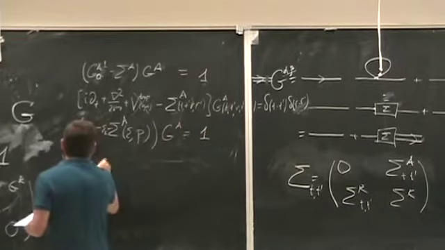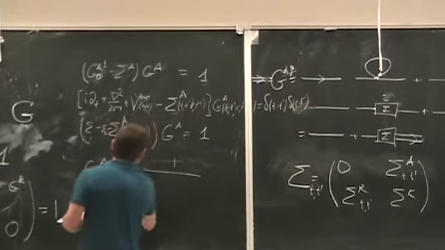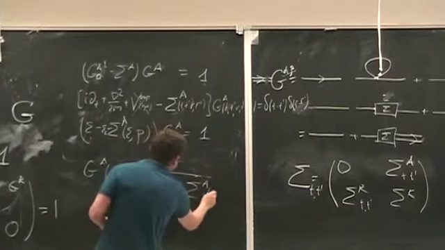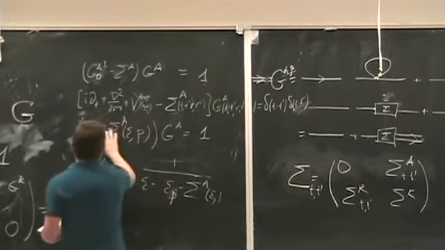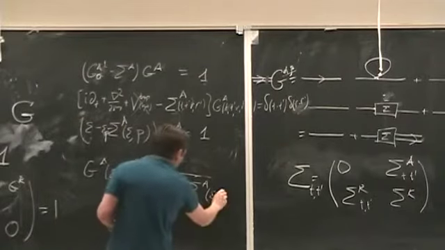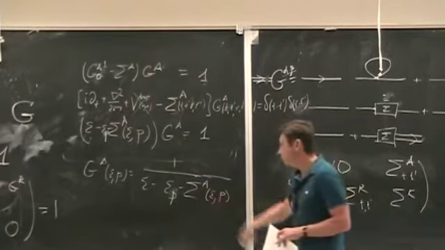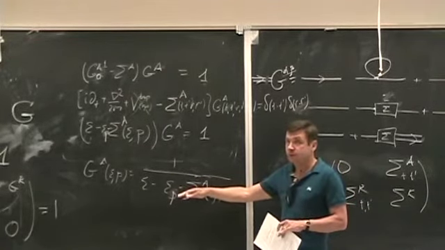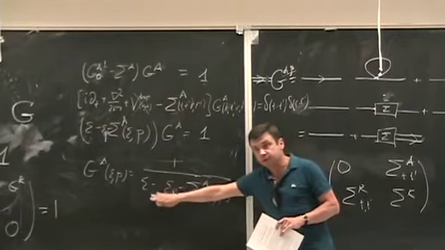So G advanced of epsilon and p is going to be 1 divided by epsilon minus epsilon k minus sigma advanced of epsilon and p. And of course, the sigma advanced of epsilon should be such that all poles are sitting only in the upper half plane of epsilon.